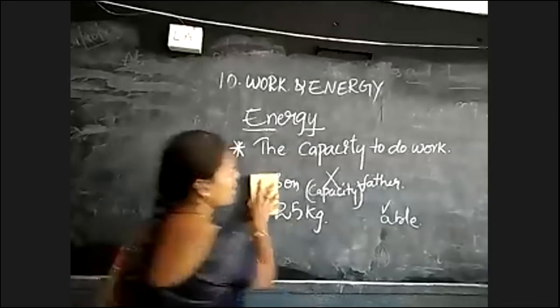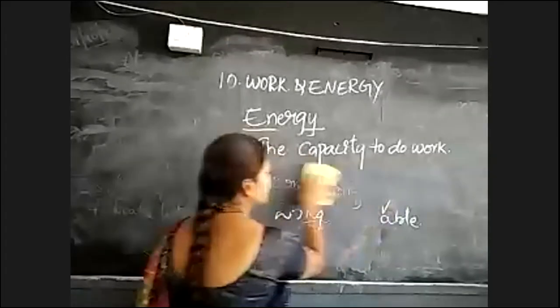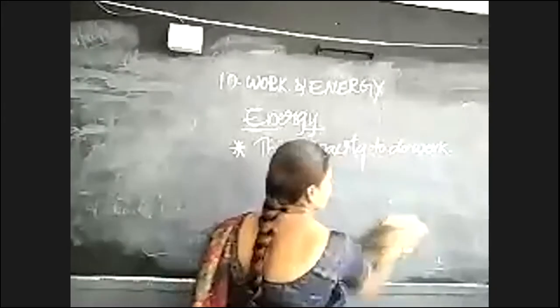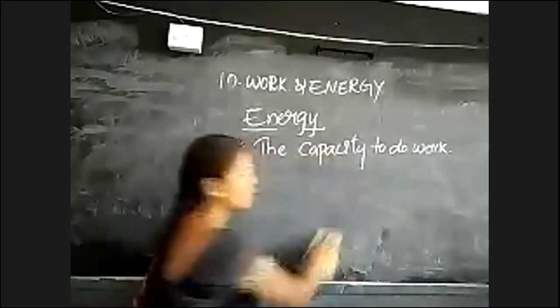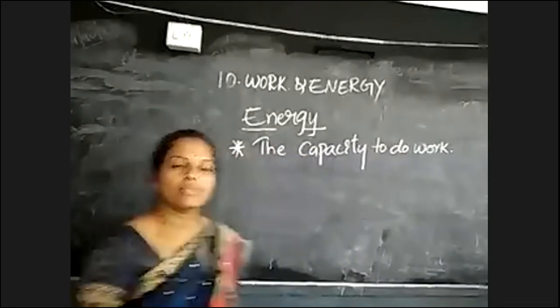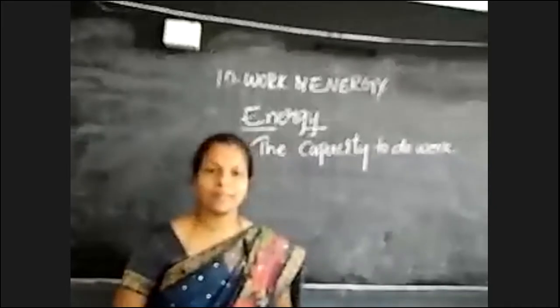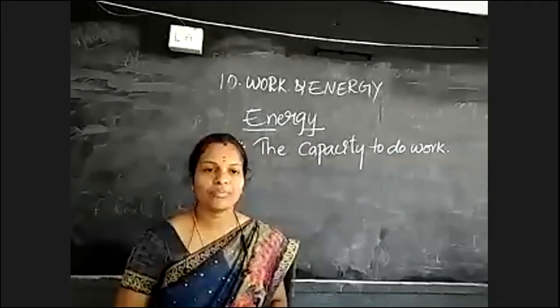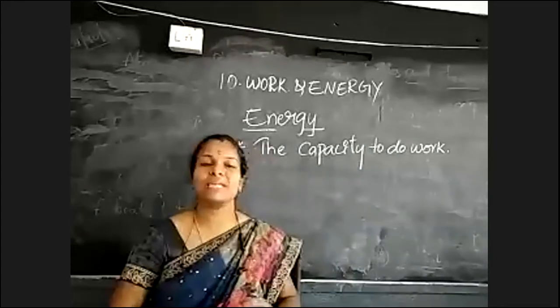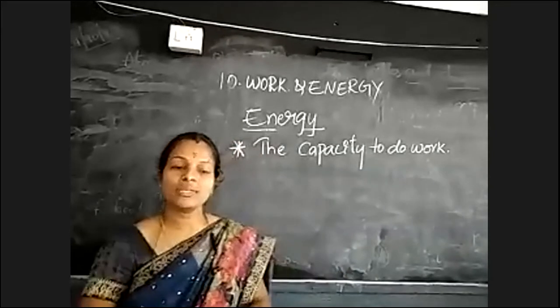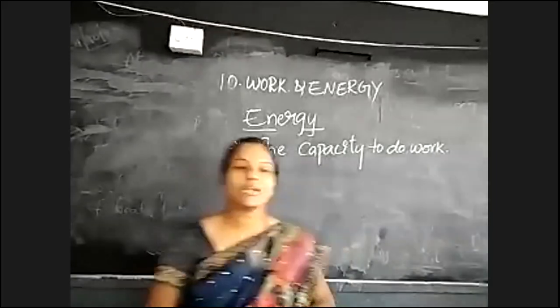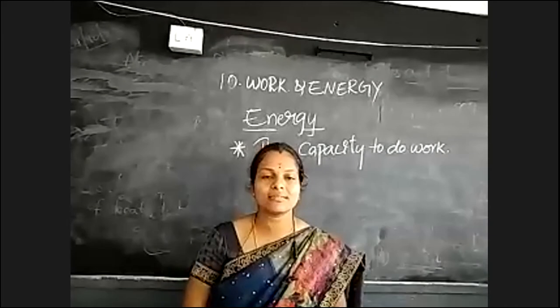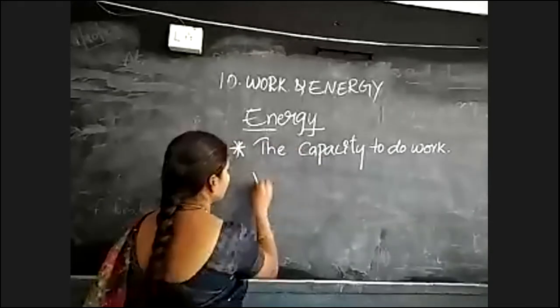Can you make out one more example, children? Here, we took the father and the son. Now take an example of your classmate, your neighbor who is sitting beside you in the class. Will you be able to read whatever he reads in 1 hour?